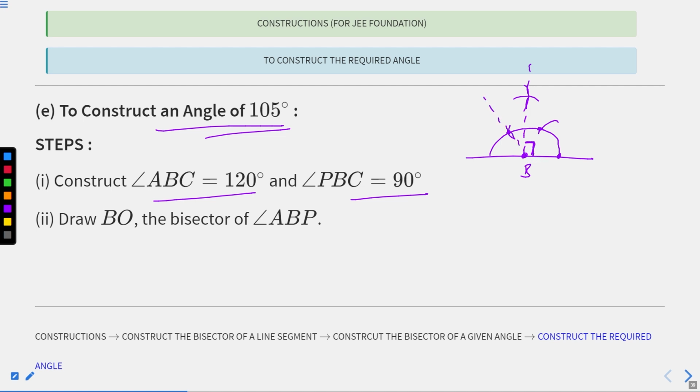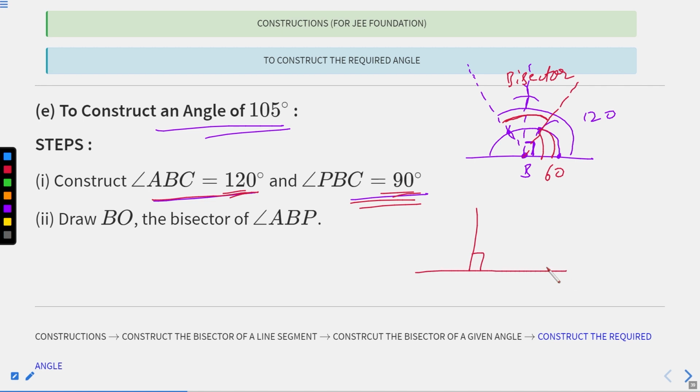When this was our 120, if you see, this whole is 120, this is 60, and this is just the bisector. I hope if you follow the previous steps, you will get the 90 degree and 120 degree. So the 90 degree will look like this and the 120 degree will look like this.